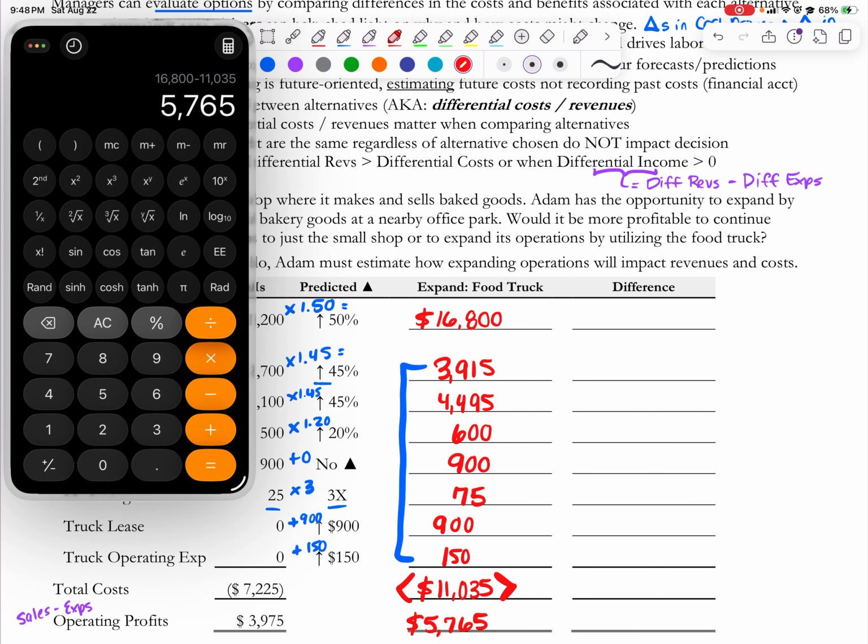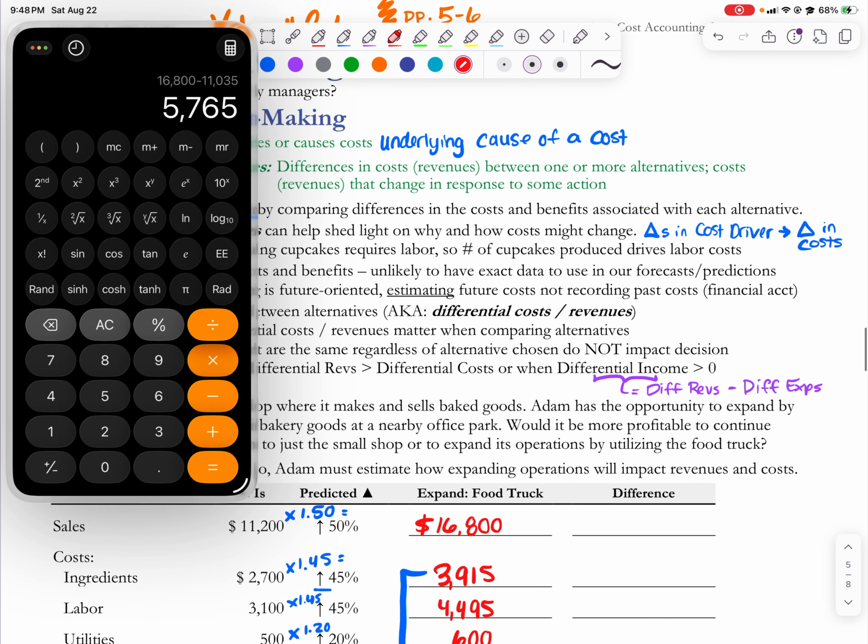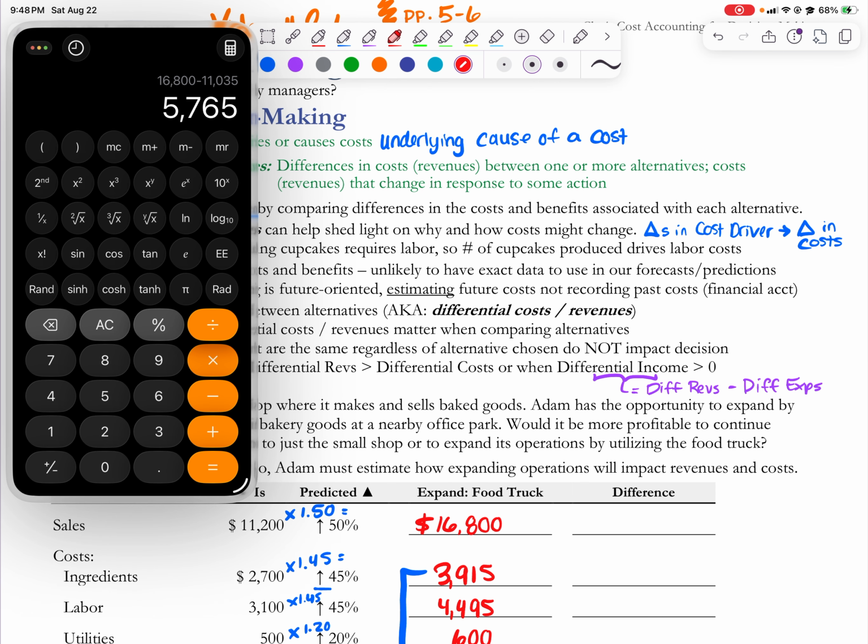So here, let's start calculating the differences. Let's do this the other way: 16,800 minus that 11,200.